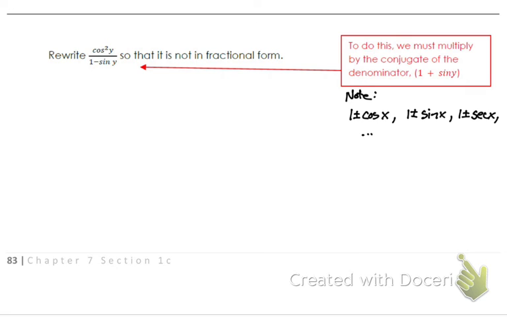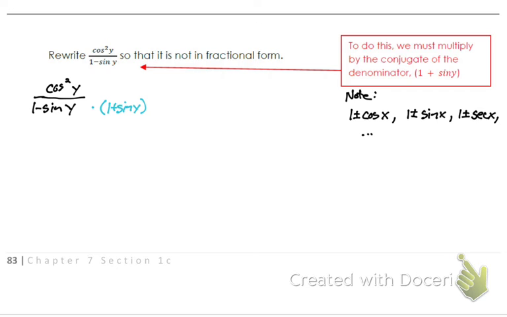So we're going to take that cosine squared over 1 minus sine theta. What we're going to do is change that denominator by multiplying it by 1 plus sine theta to get the squared.